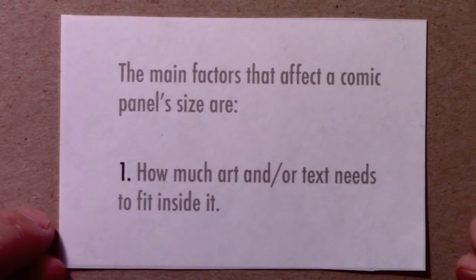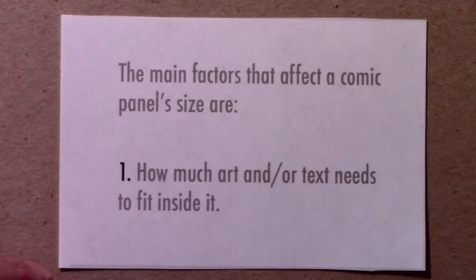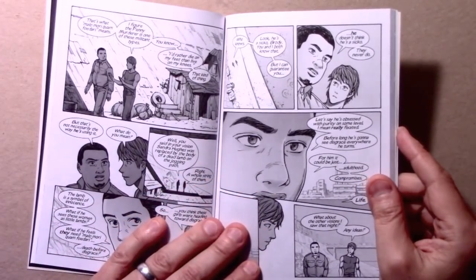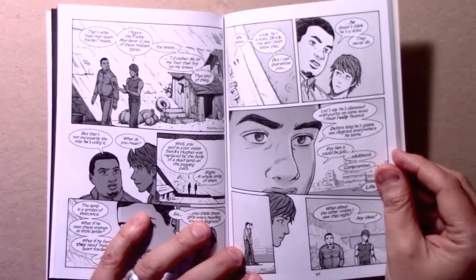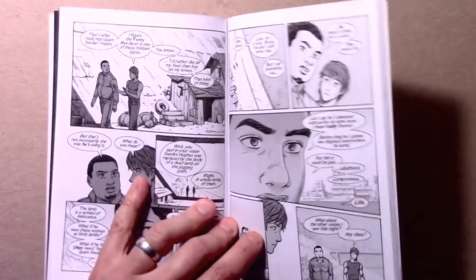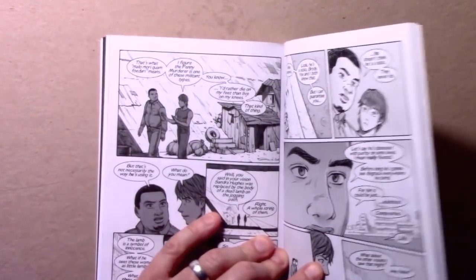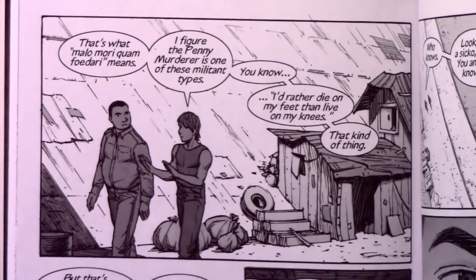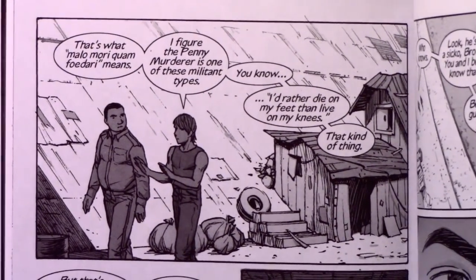The main factors that affect a comic book panel size are how much art and/or text needs to fit inside it. So going back to this example from Brody's Ghost, I think this is a fairly typical dialogue scene for me, and you can see how each panel is doing a kind of dance between the art and the speech bubbles, or word balloons as we used to call them.